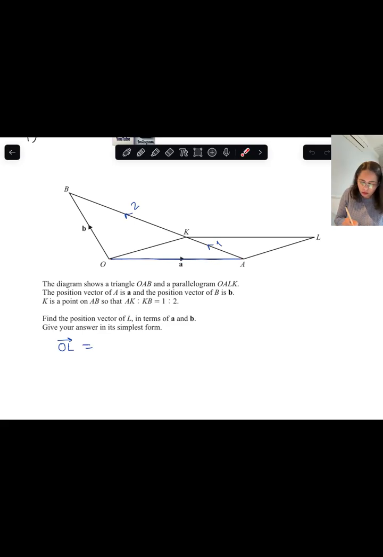OL could be found by taking the path along OA plus AL. Somebody would like to take the path OK plus KL, or you may also go OA, AK, and then KL. It depends upon what comes to your mind at that moment.